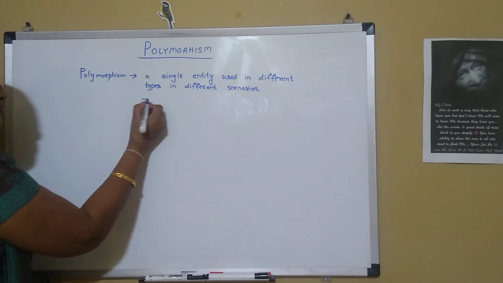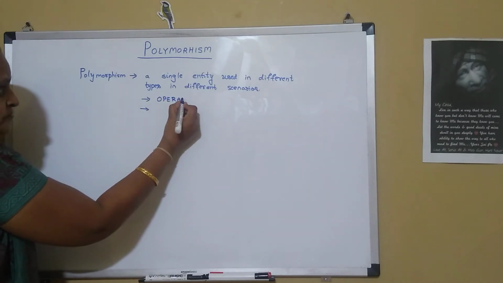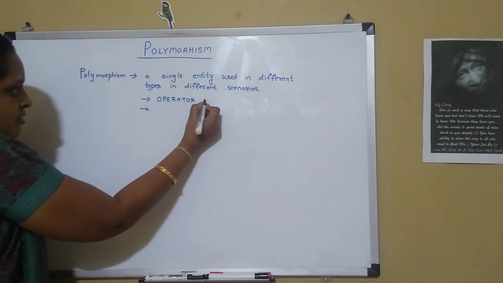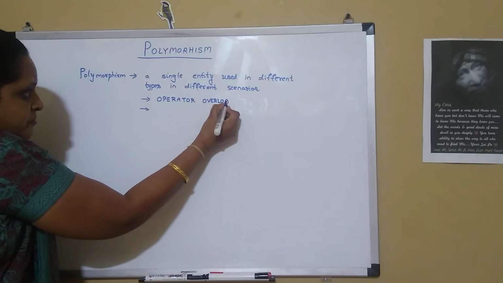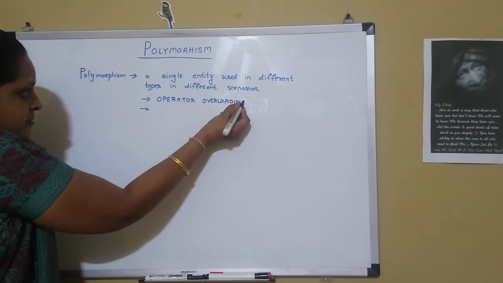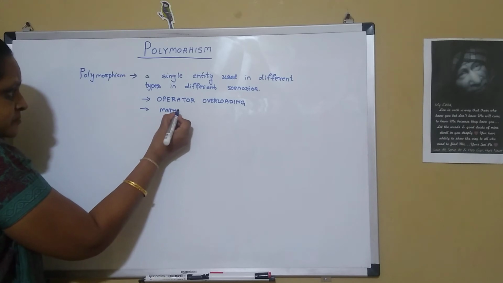There are two types of polymorphism in Python programming language. One is the operator overloading, and the second is the method overloading.